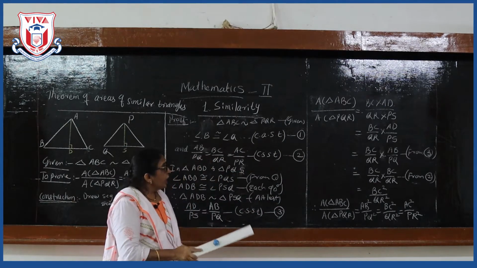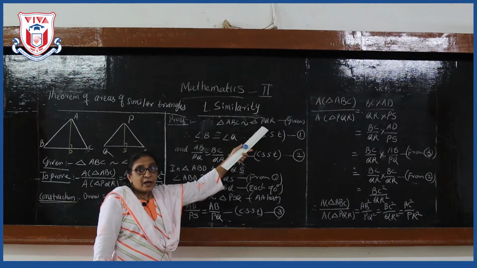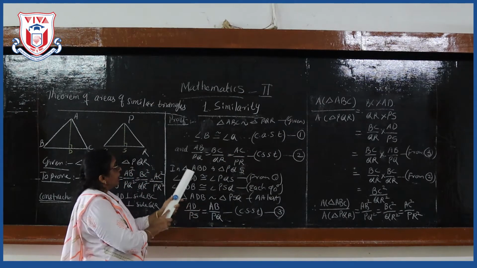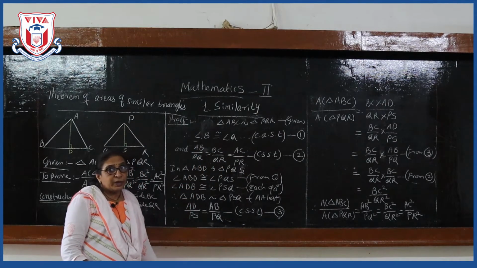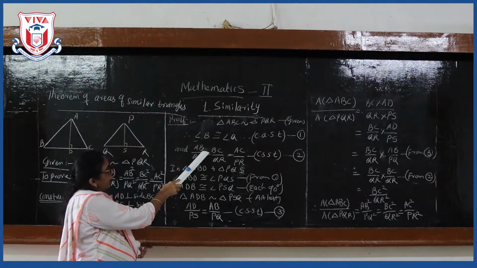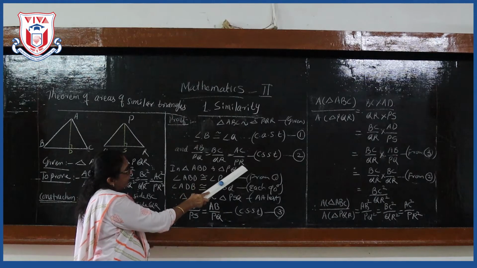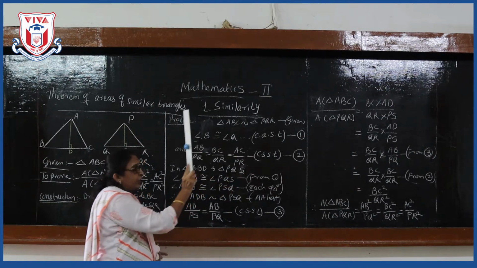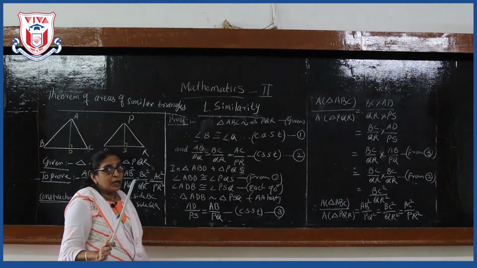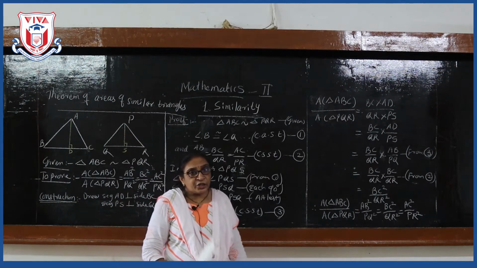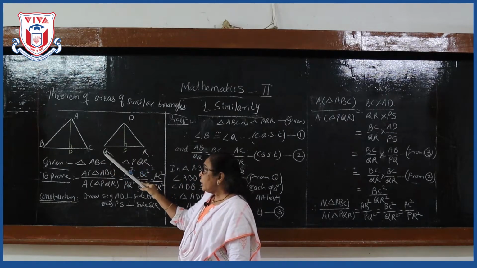Now, triangle ABC and triangle PQR are similar to each other, so angle B and angle Q are the corresponding angles of similar triangles. And AB upon PQ is equal to BC upon QR is equal to AC upon PR. These are the corresponding sides of similar triangles. With the help of this, we can consider the two right angle triangles ADB and PSQ.